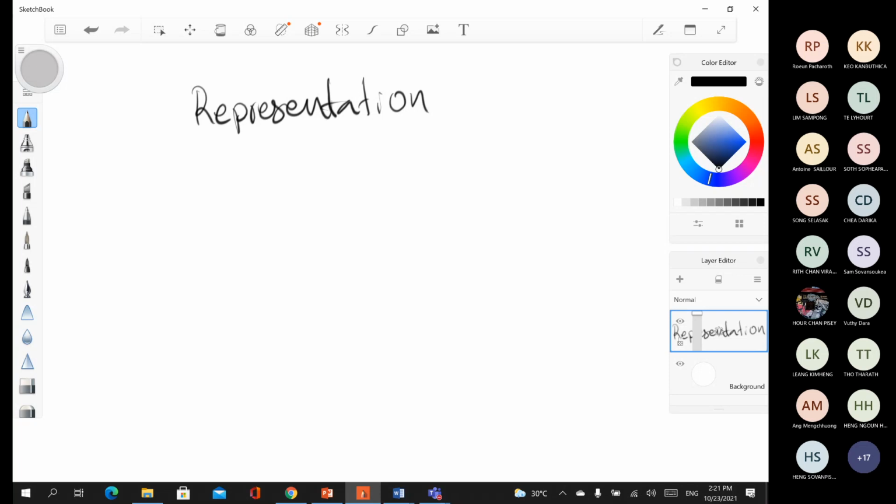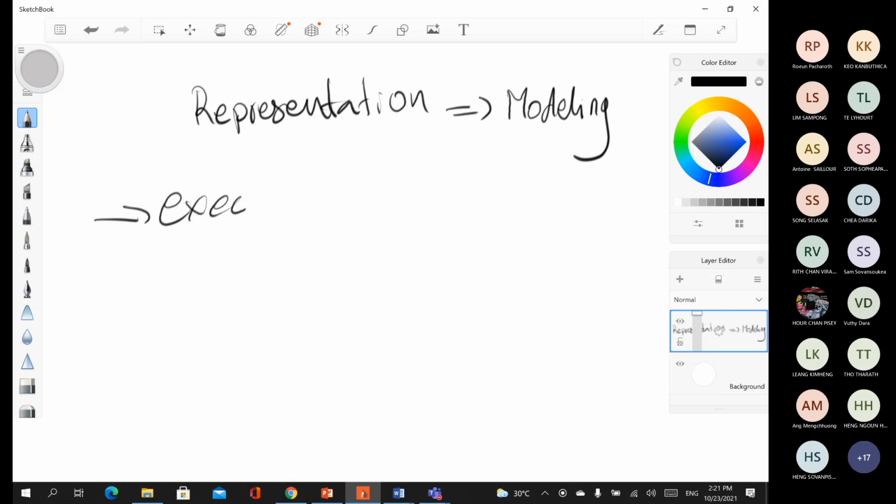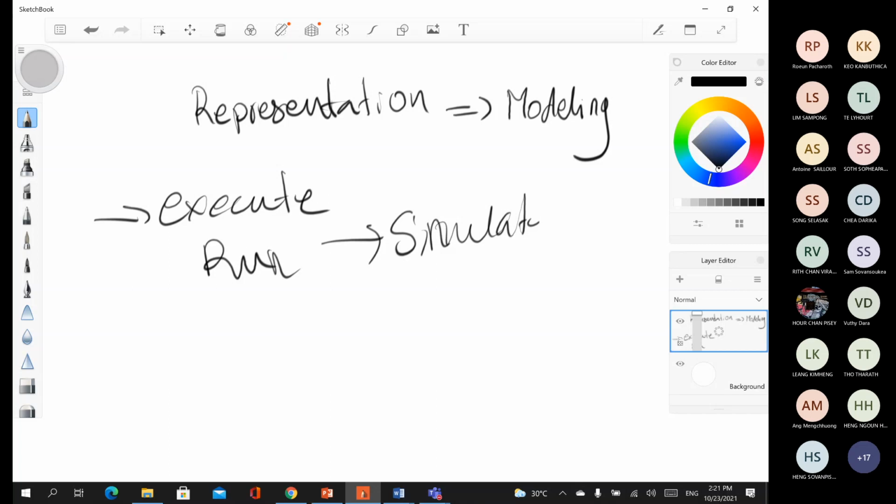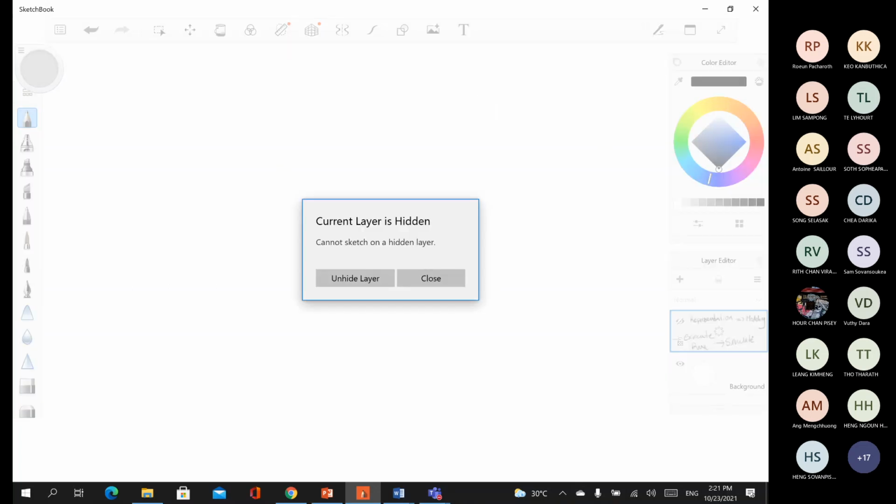When you try to make something to represent something, those kinds of concepts in our system we call modeling. After that, you try to execute it, run it, manipulate it. This one we call simulate. I just put the verb simulate, or simulation, sorry.